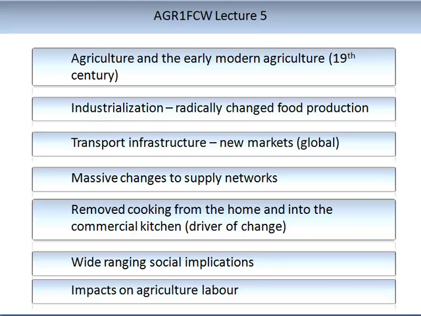Transport infrastructure has allowed new global markets, again changing the food security environment. There have been massive changes to supply networks. The cooking has been removed from the home in many countries into commercial kitchens, and there are wide-ranging social implications that have also impacted on food security. And finally, there are impacts on agricultural labour.